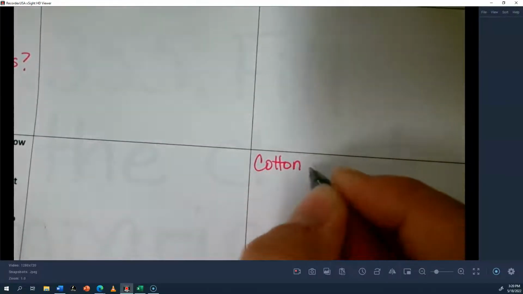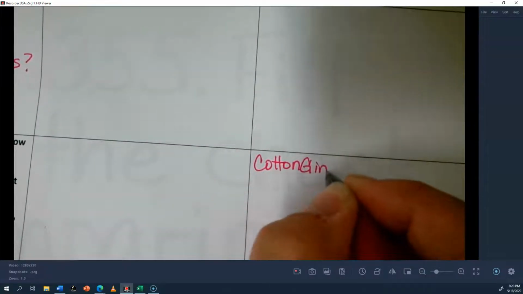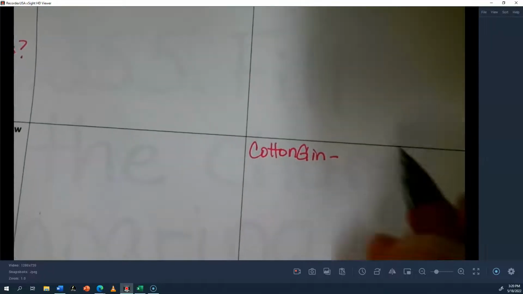Inventions are going to be things like the cotton gin, which needs to be on there somewhere, okay? And the cotton gin changed a lot. I want to know what changed after the invention of the cotton gin.